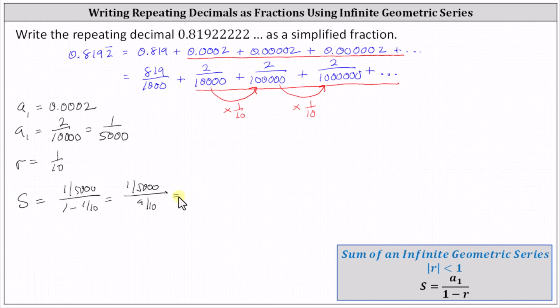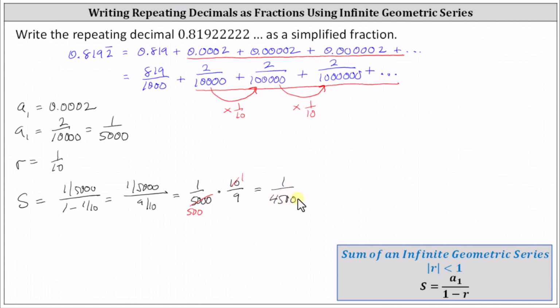Dividing by 9/10 is equivalent to multiplying by the reciprocal of 10/9. We have 1 5,000th times 10/9. Simplifying before multiplying, 10 and 10 cancel, and 500 tens go into 5,000. The infinite sum is equal to 1 4500th.